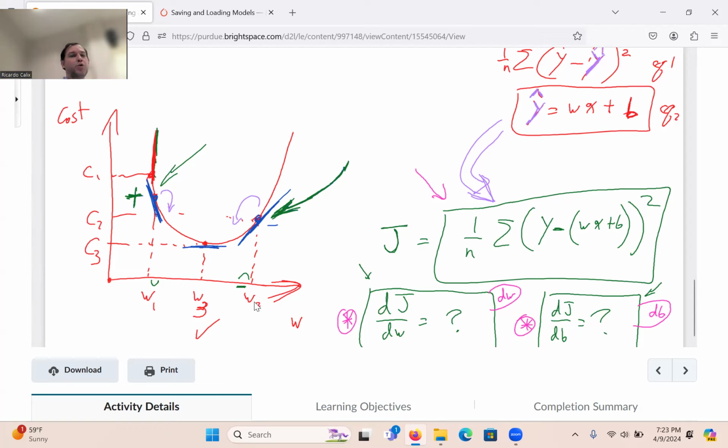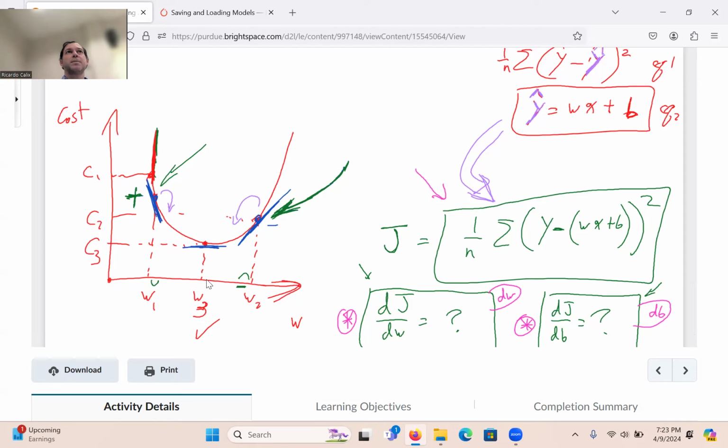Because at W2, what do you need to do to get to the optimal here? You need to take W2 minus delta W. What happens if you do that? You go in that direction. So eventually, by doing this over and over and over, you will get to the optimum. Do you guys see that?